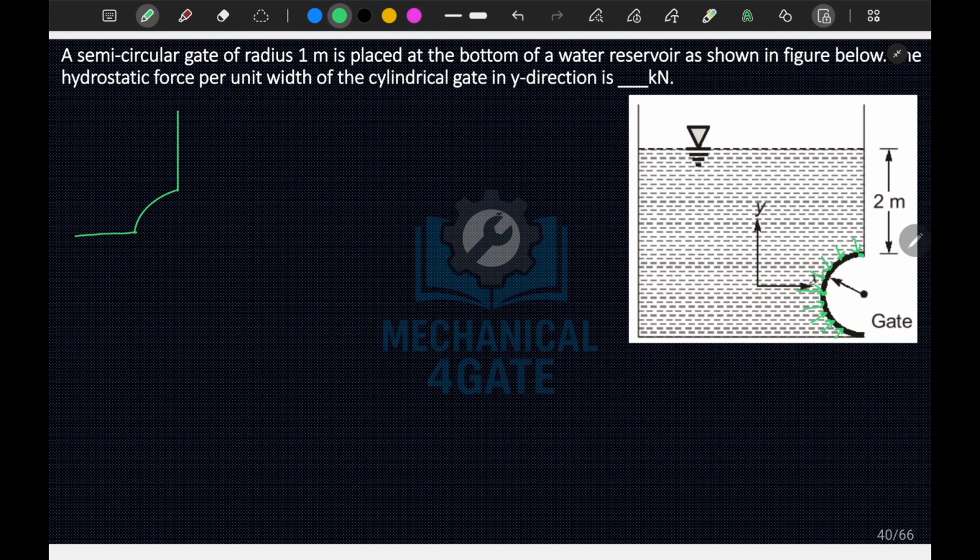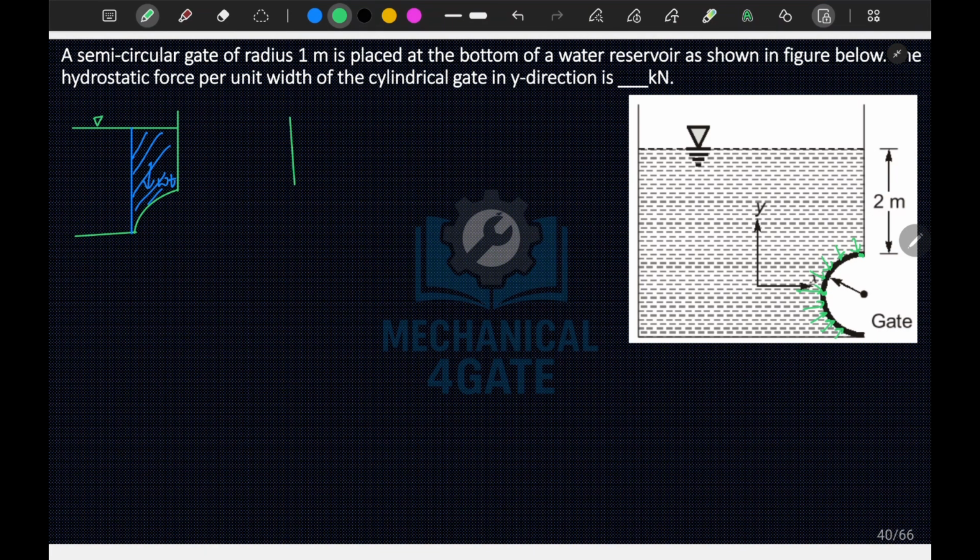If it is like this, and this is water here, then your vertical force will be the total weight of the water up to this point.